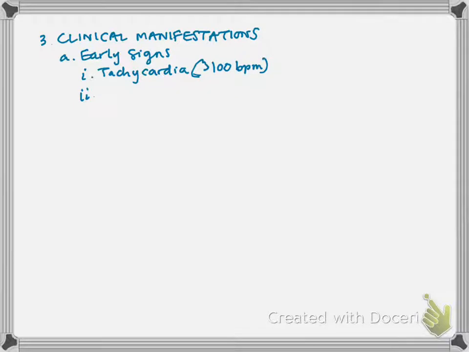What do you think my blood pressure is going to look like? Decreased, so hypotension. And then this is a key for cardiogenic shock. This is one of the hallmark signs. We have a narrowed pulse pressure.